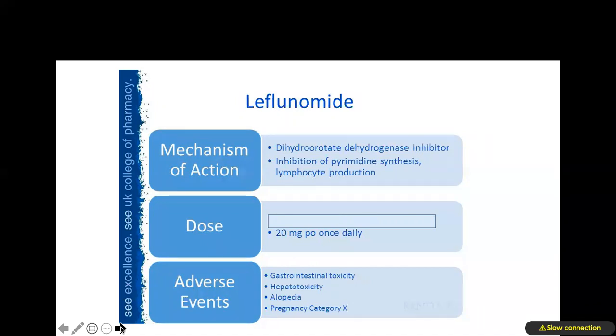Is that clear? So they are similar drugs, similar side effects, but the incidence of side effects is higher in methotrexate than in leflunomide. It's a very useful drug. It is more expensive than methotrexate, but patients tolerate it quite well.